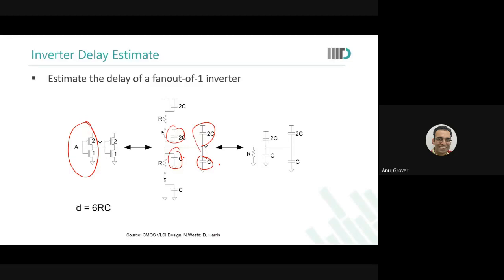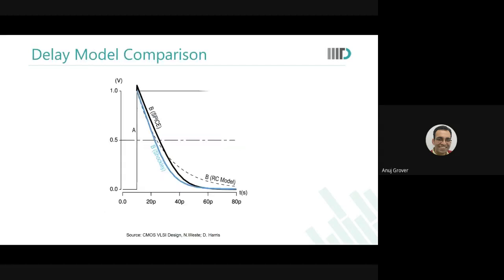Okay. So what is my effective delay for this particular inverter? If I use this kind of an RC model and find the delay, I will arrive at something like this dashed line. The actual SPICE would behave something like this, the black line.